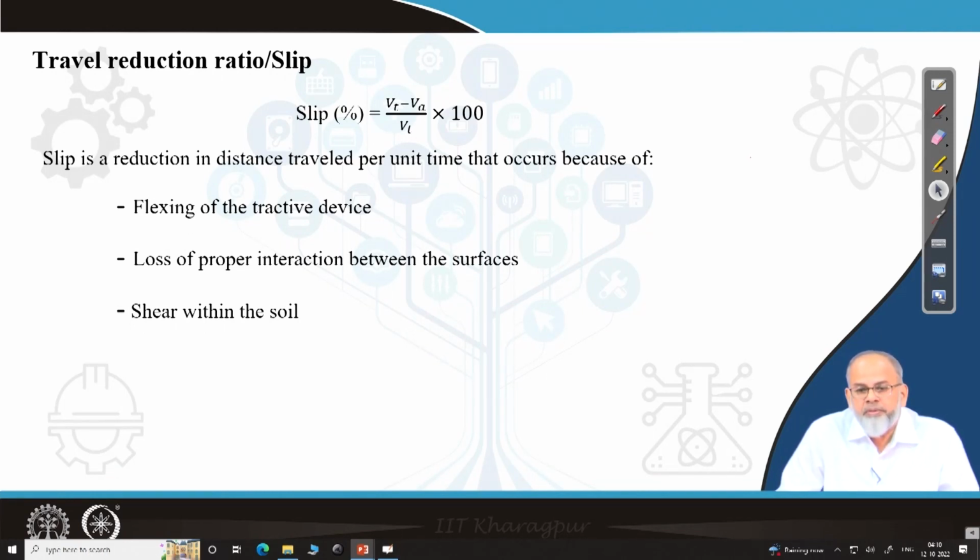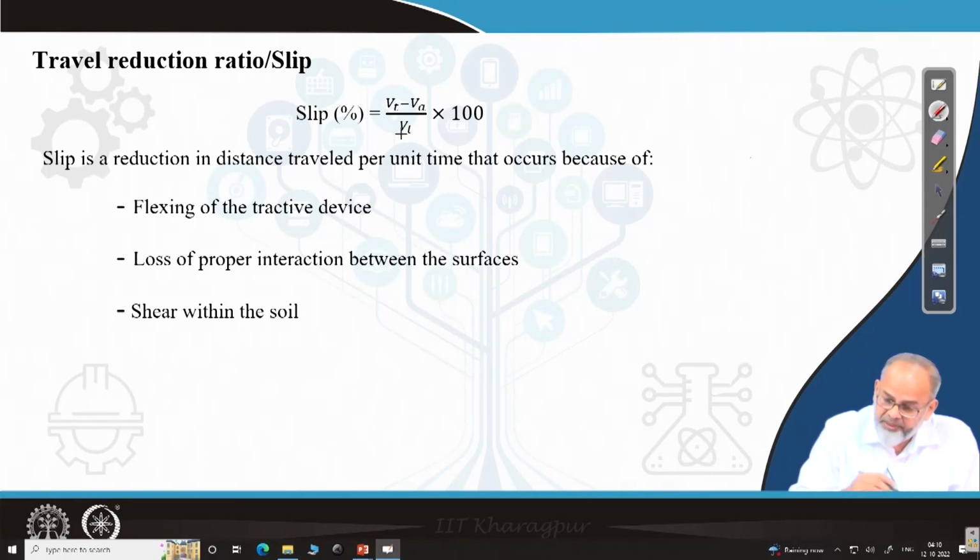When you apply a load, because of the interaction between soil and tire, there will be slippage of the wheel. The wheel will cover a lesser distance, so speed is reduced, and we denote that as Va. That difference is expressed with respect to Vt as a percentage. This is very simple: slip is equal to (Vt minus Va) divided by Vt, into 100.